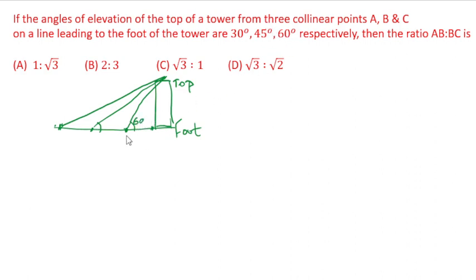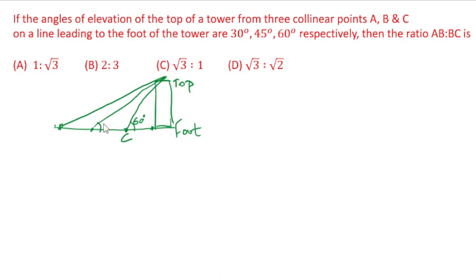Then the point is C, so this is 60 degrees. Now I move on to another point, which means the distance between the foot of the tower and myself is increased, so the angle of elevation must decrease.